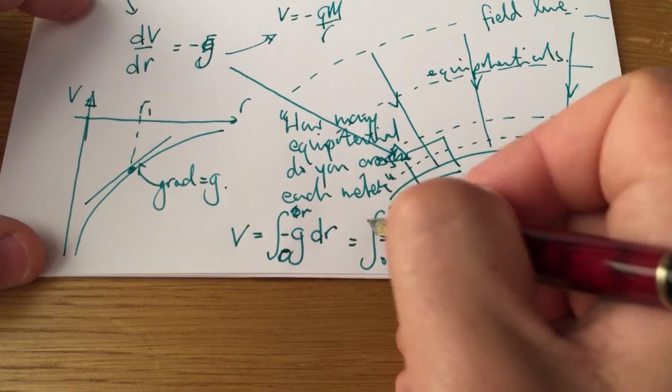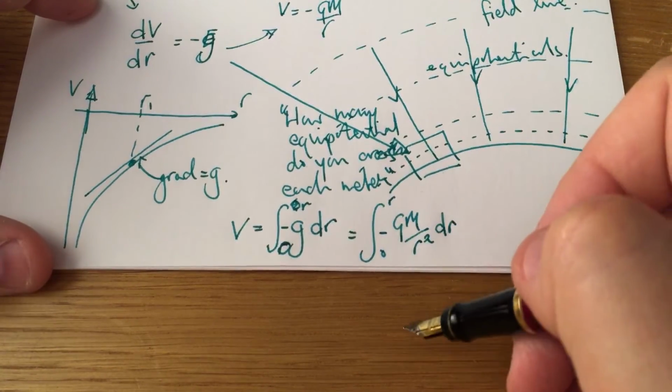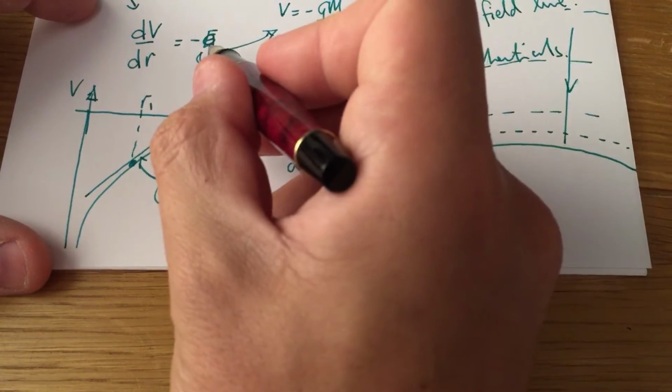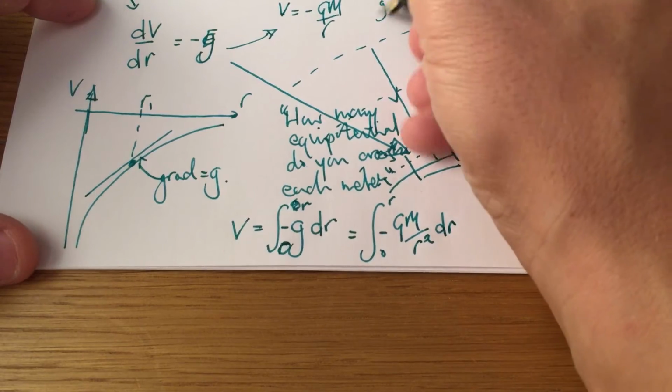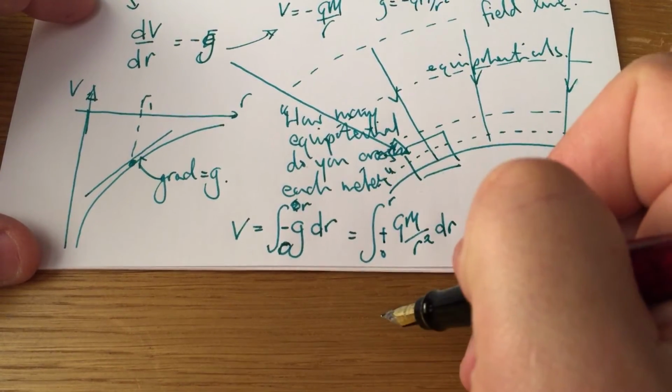And of course, when you do this integral, you increase the power and then divide by it. Bearing in mind G itself is negative, minus Gm over R squared, so that makes this positive.